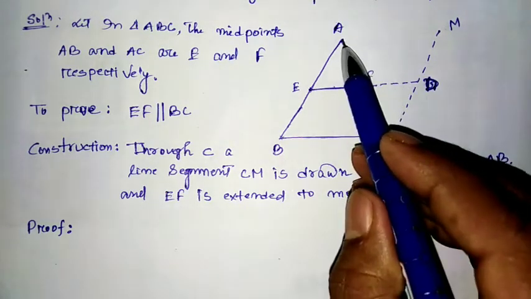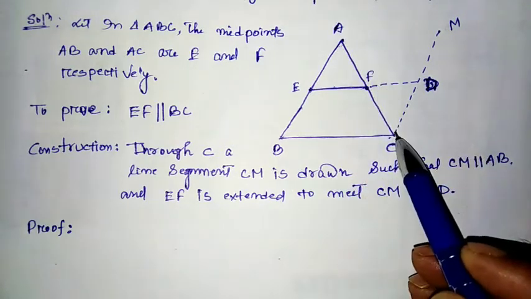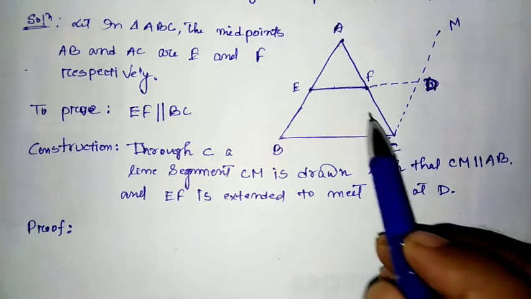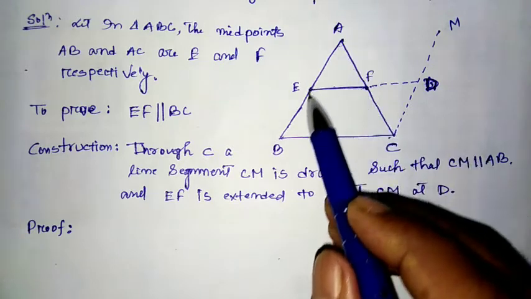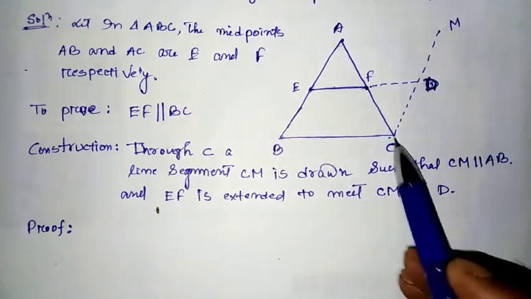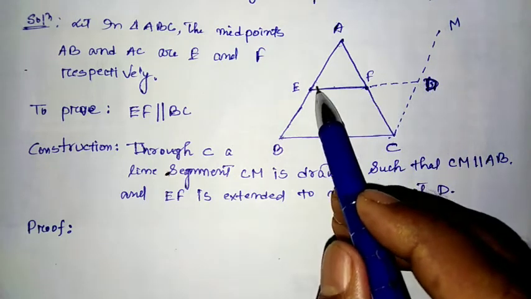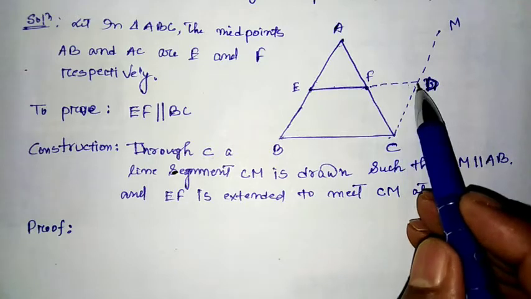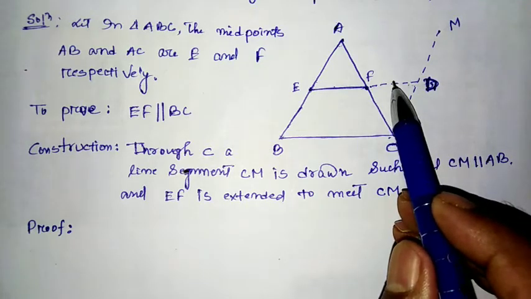If we consider AC as transversal, then this angle and this angle will be alternate angles. Or consider ED as transversal, with these two lines parallel, then this angle and this angle will be alternate angles, and alternate angles are equal in case of parallel lines.